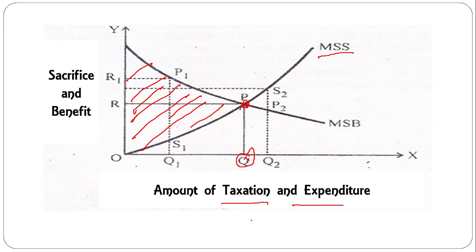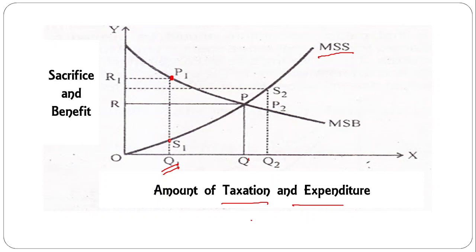Suppose, just a second, let me erase this. If tax is at this level, OQ1 level, the amount of tax is OQ1, so that much will be the revenue, and at that point the benefit will be at P1, whereas the sacrifice will be at S1.